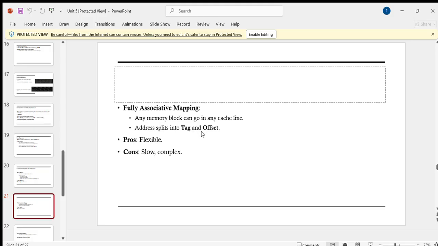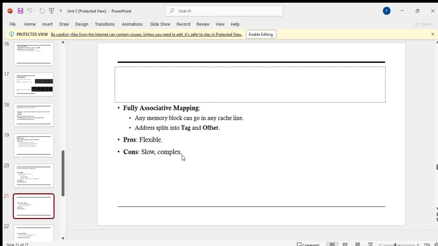Let's come to the disadvantages of fully associative mapping, which is that it is slow and complex. To find a block, the cache must check all the tags in parallel, which is time consuming.